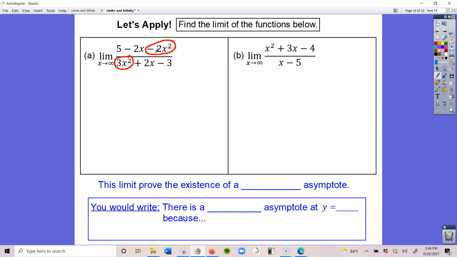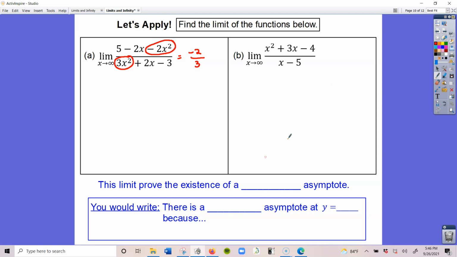Since they have the same degree, then we take their leading coefficients and we divide them. So this is going to equal negative 2 in the numerator over 3, which if I could simplify that, I would, but I can't simplify. So this is my horizontal asymptote because this limit is equal to a number.